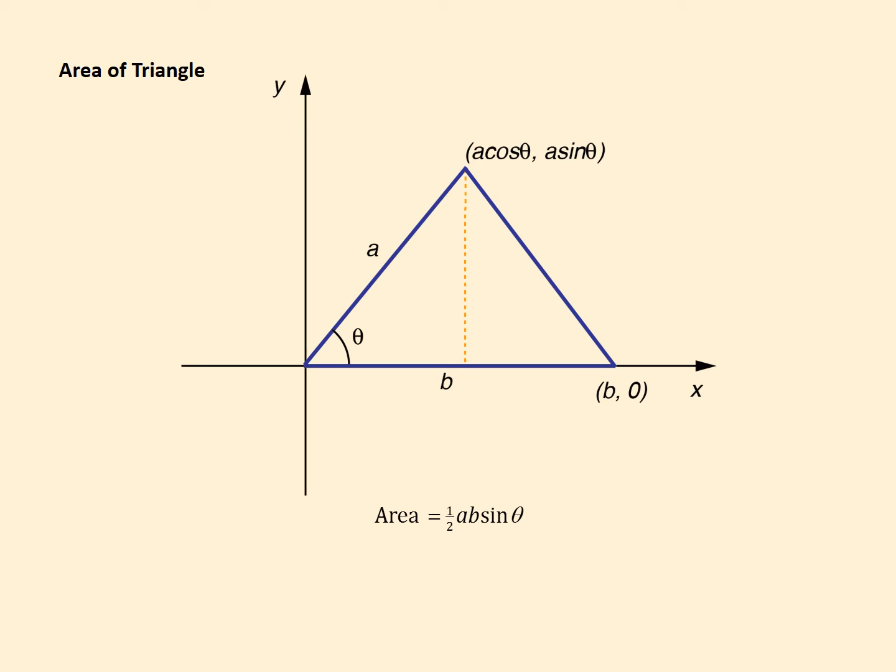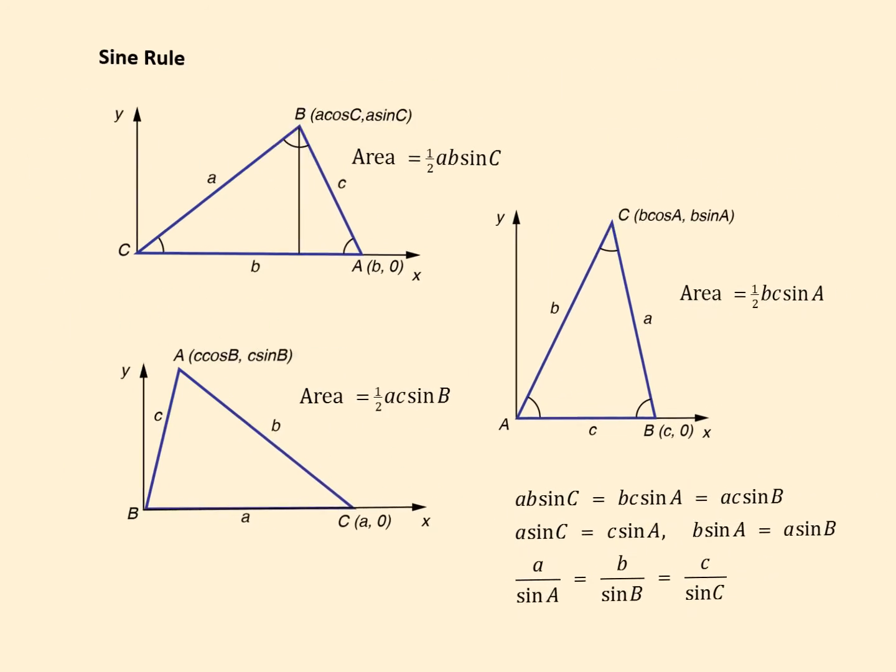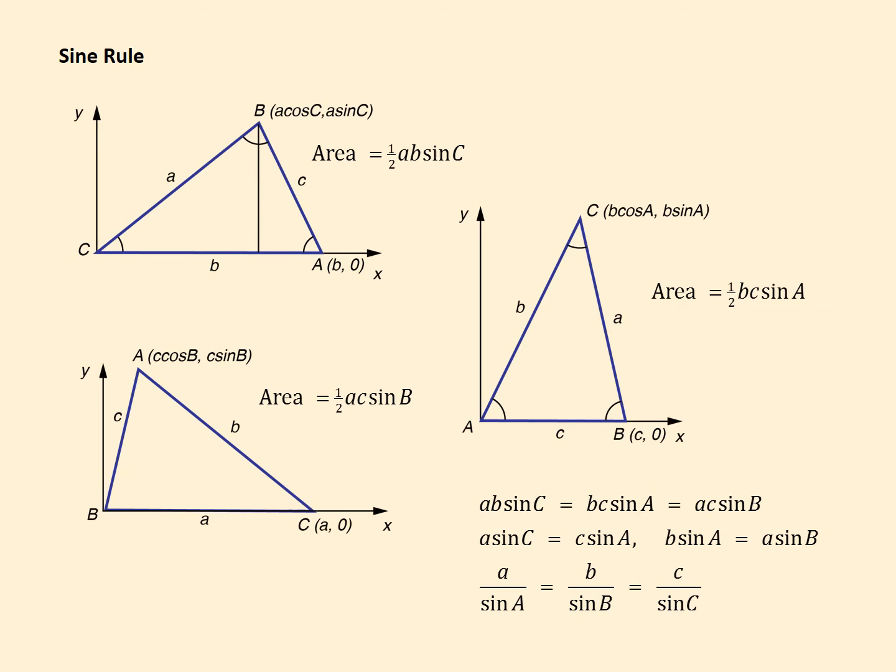And we can also use this rule, product of the means minus the product of the extremes, to establish the sine rule. Here this looks a little bit complicated, but in fact it's just one triangle rotated into 3 positions.